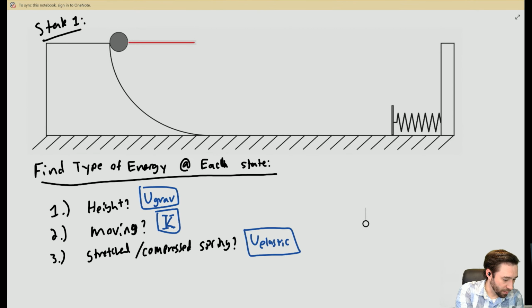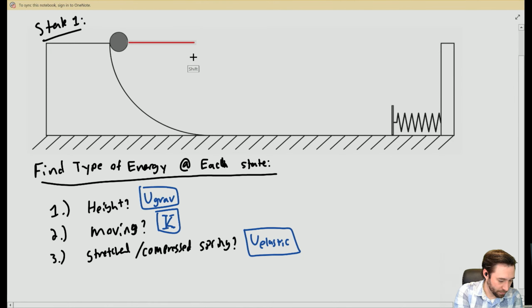It would help if I selected the line. So yes, there is a height from the ground.